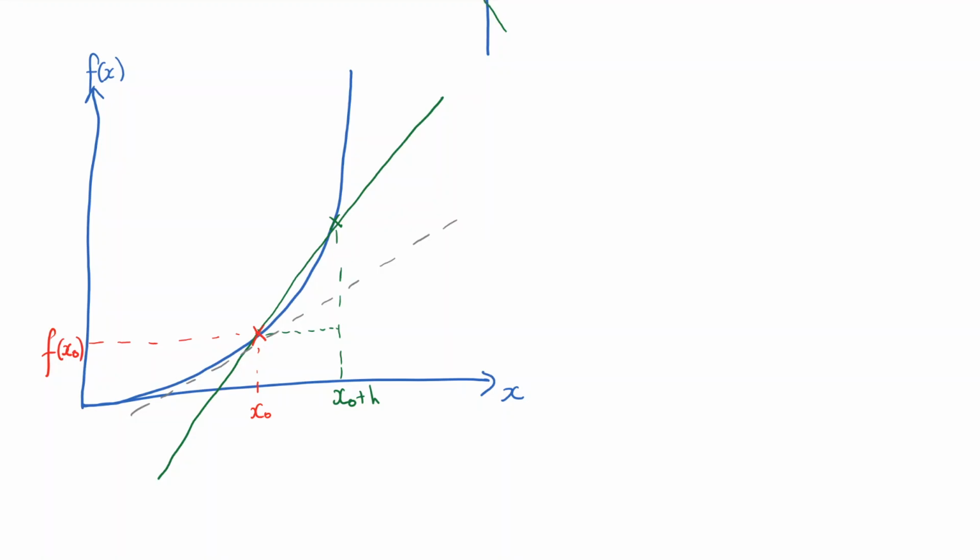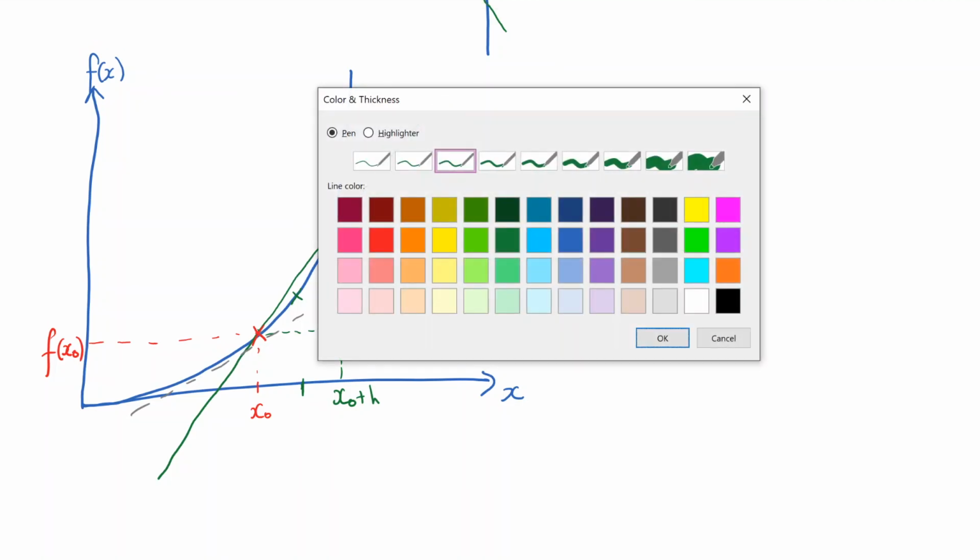We can do better because we can make h a little bit smaller, and we can say let's use this point instead, right? This point's a little bit closer. Let's get another shade of green.